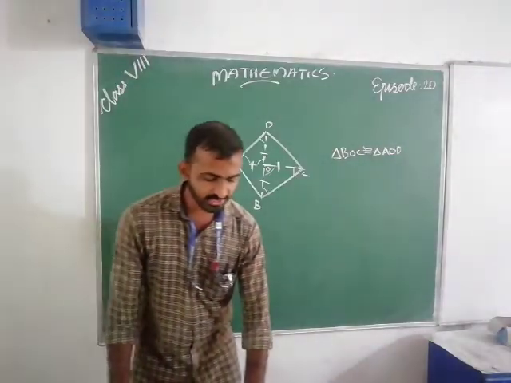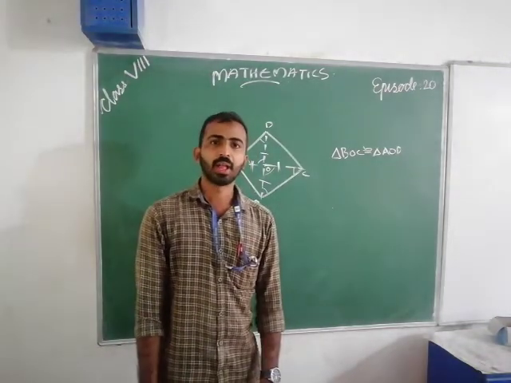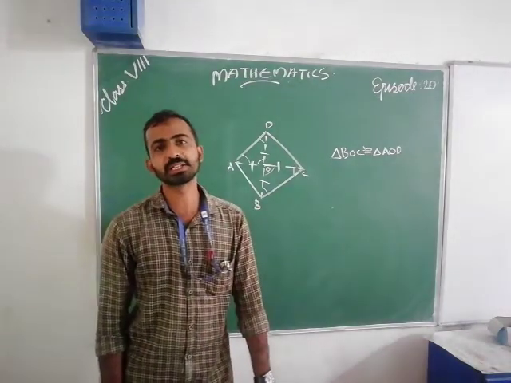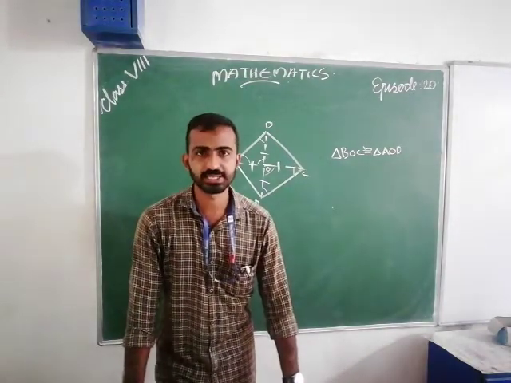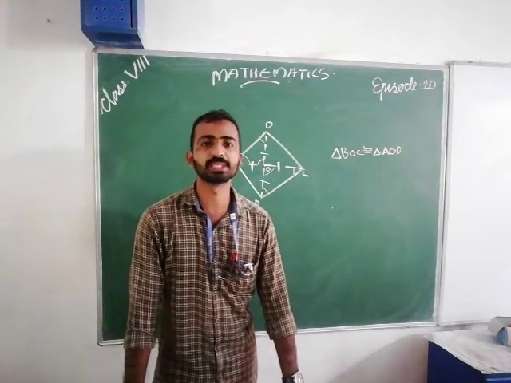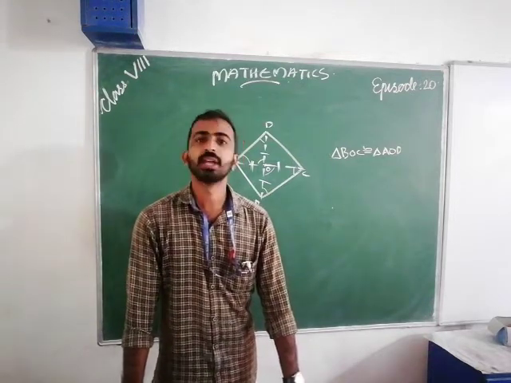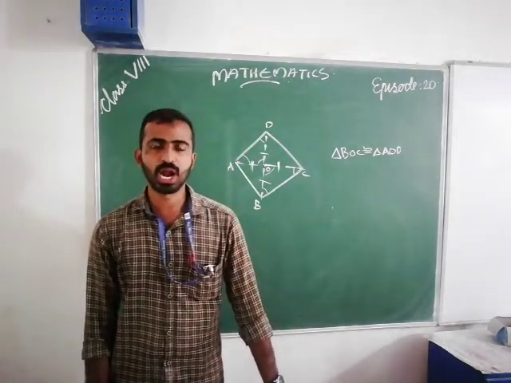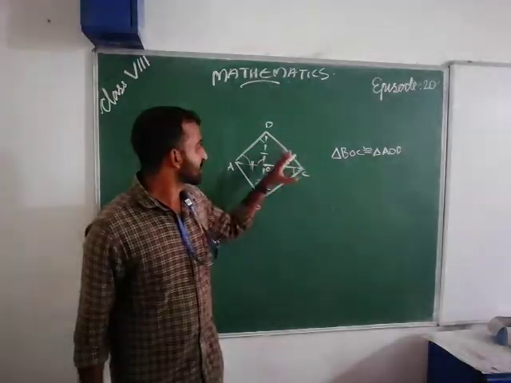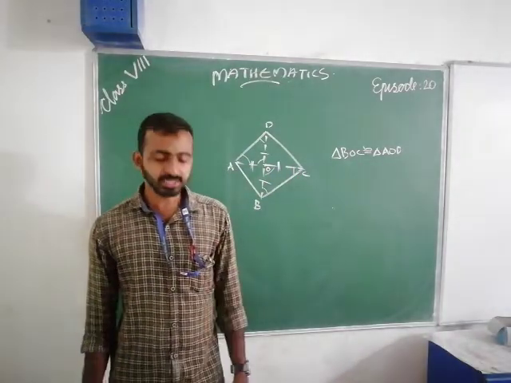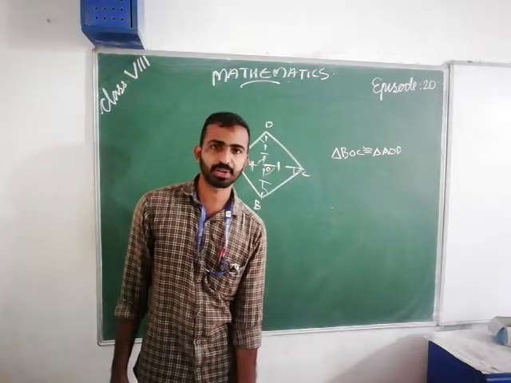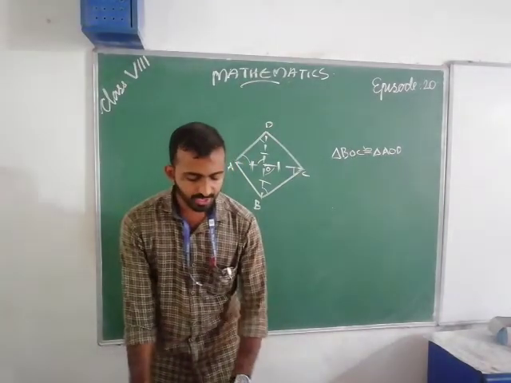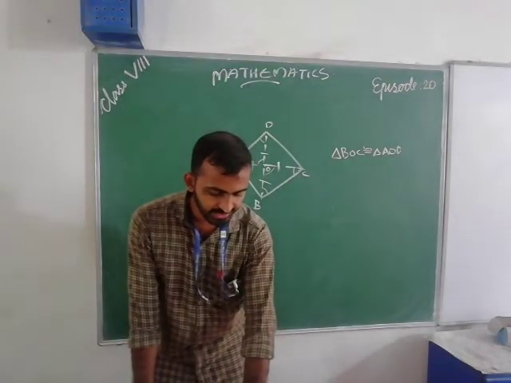So, in the diagonal property of a rhombus, the diagonals perpendicularly bisect each other. What is a rhombus? All sides are equal, and its diagonals bisect perpendicularly, is it? Yes.